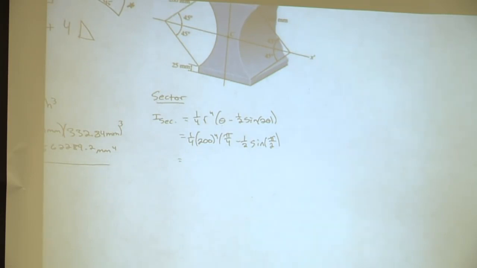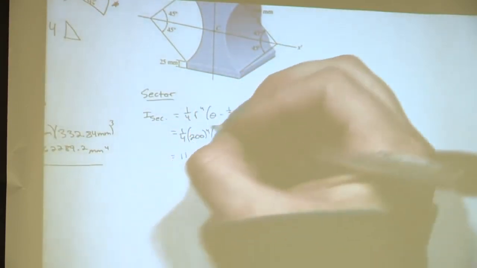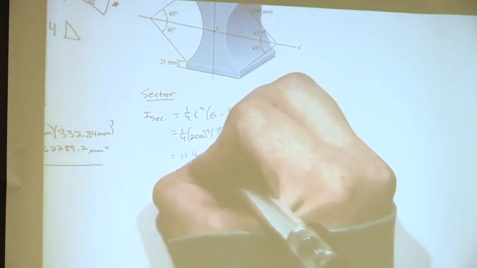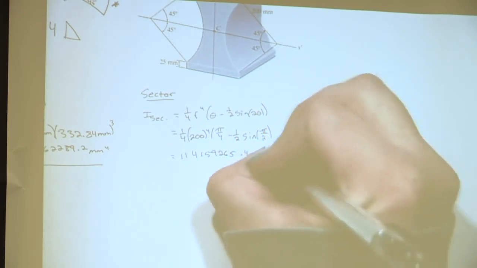Okay, so what are you guys getting? 114? What's that? For the entire thing? Oh, the whole thing? Yeah. Okay, so make sure you can get this: 265.4 millimeters to the fourth.